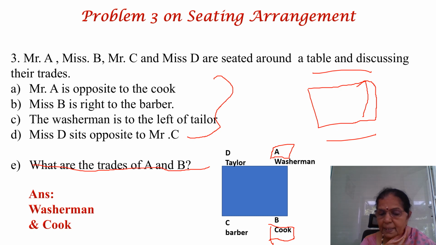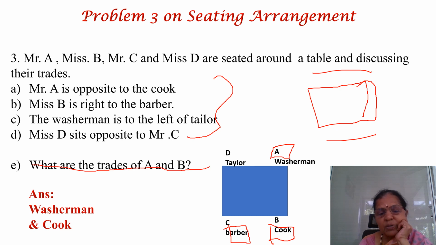So B is already here, right? And this side should be barber. If you put barber here, to his right side nobody can sit, as A is already sitting here. So here only barber will come. We do not know yet whether he is C. Just right there, barber.